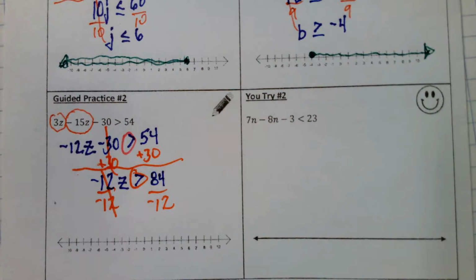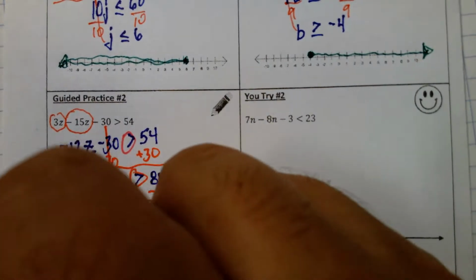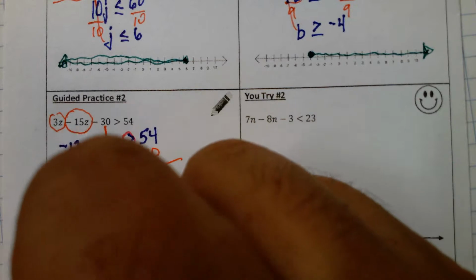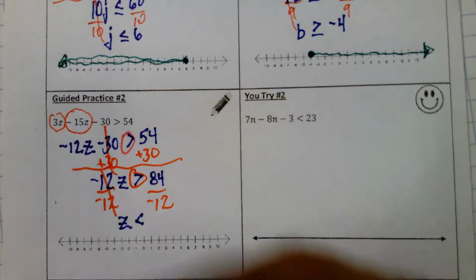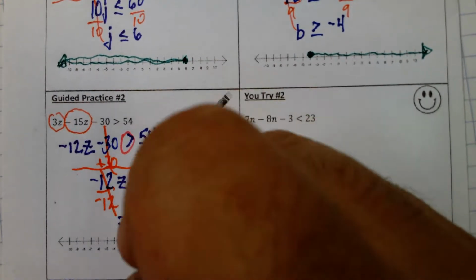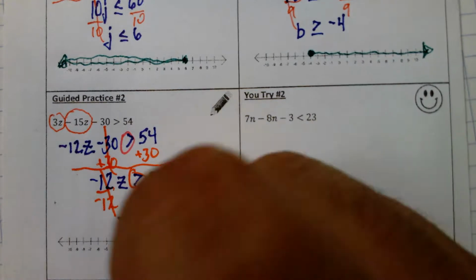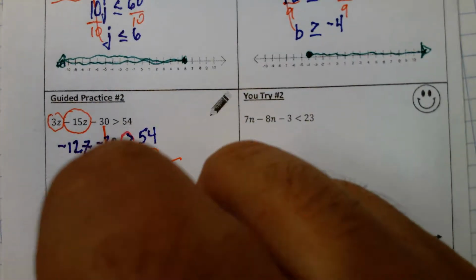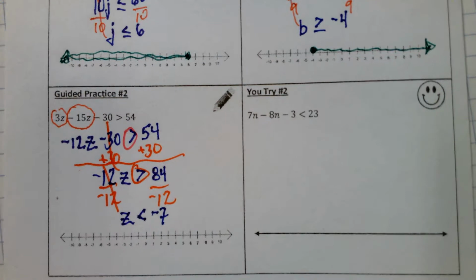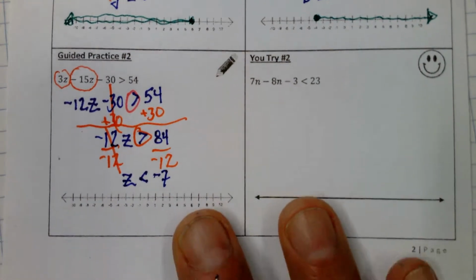And my answer is going to be z. That has to flip, so it's less than. How many times is 12 going into 84? 7 times. So negative 7. And that's my answer. z is less than negative 7.